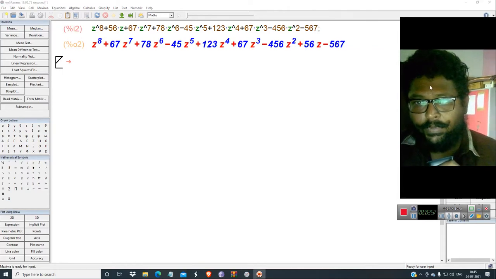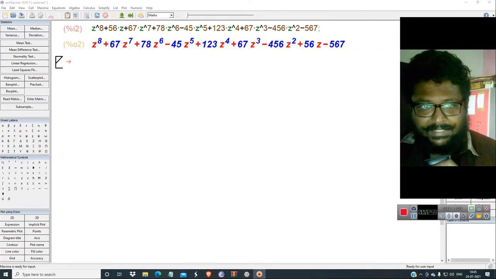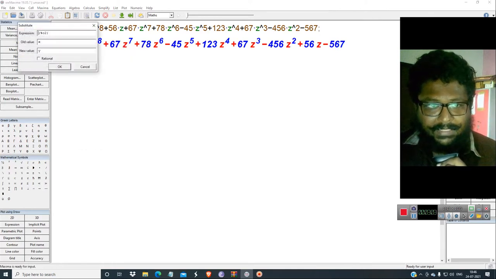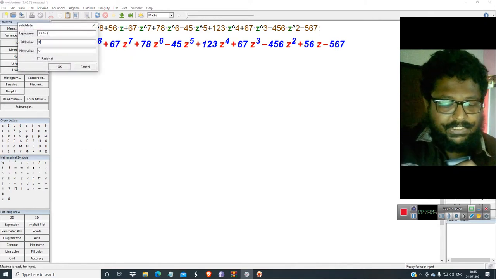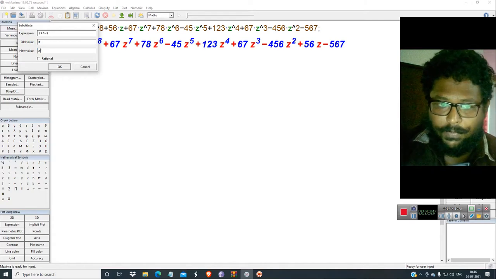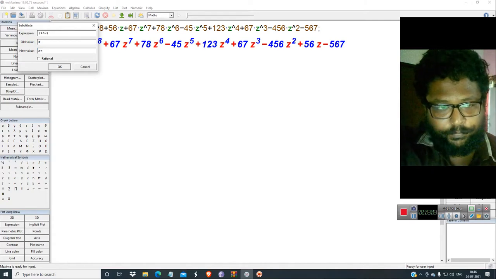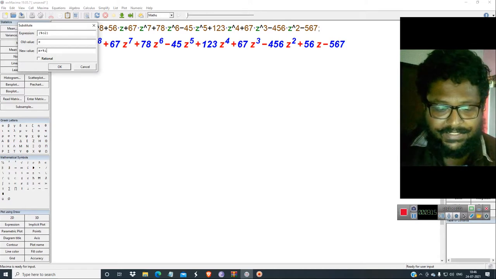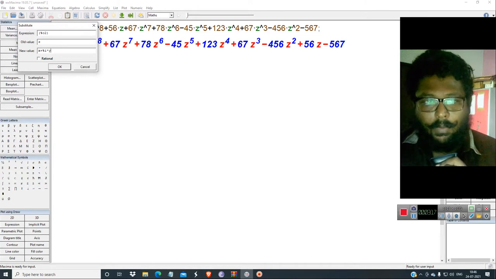So you have a very complex function like this, and what I'm going to do is substitute z with a complex variable x plus percent i. What this percent means is that in Maxima it just denotes the imaginary unit; the Maxima syntax is of that sort.